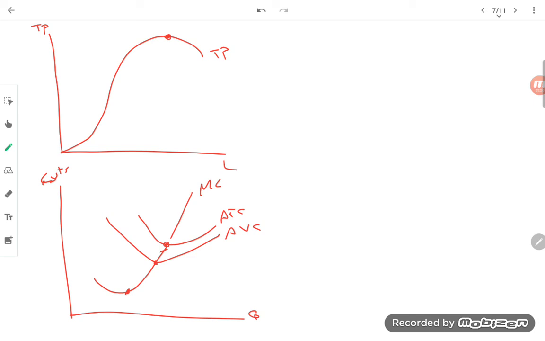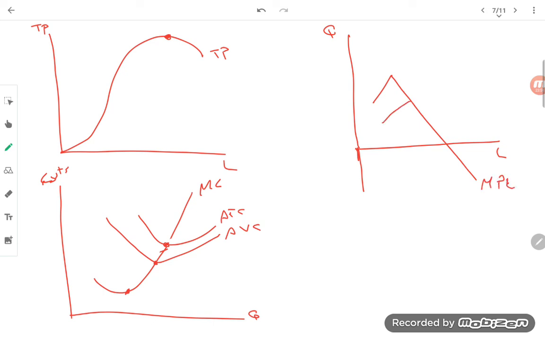Okay, so all of these can be minimum points that can be found using optimization. Also with respect to marginal productivity or average productivity of labor. So this is the maximum of the marginal productivity of labor, and this is the maximum of average productivity of labor. All of these points are optimization points.